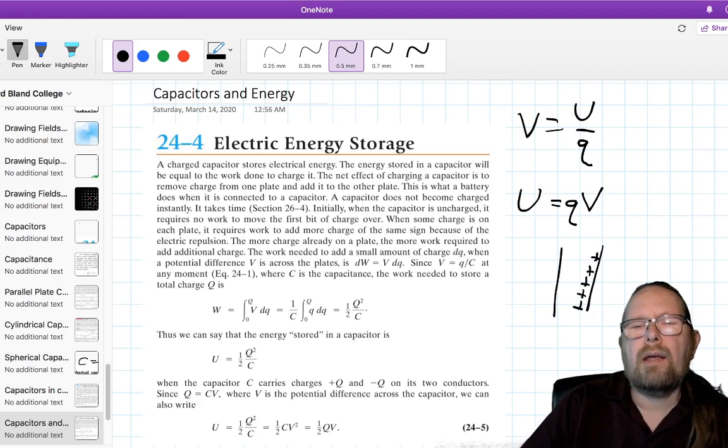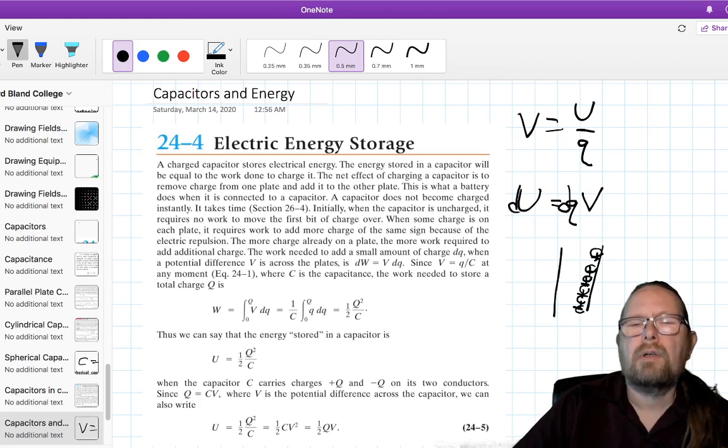Then every little bit of charge we add to this plate increases the potential energy. So the total work done, or the change in potential energy, is going to be equal to the integral of V dq. Every little bit of charge we add to the plate at some potential increases the potential energy.